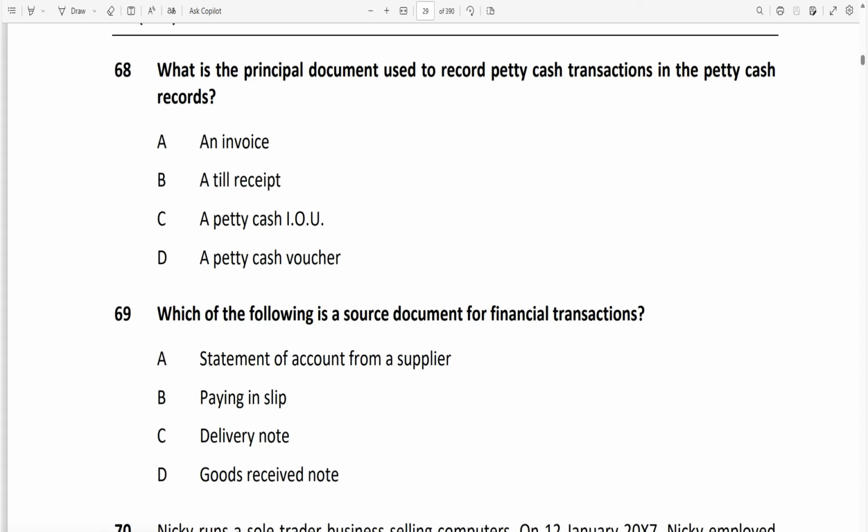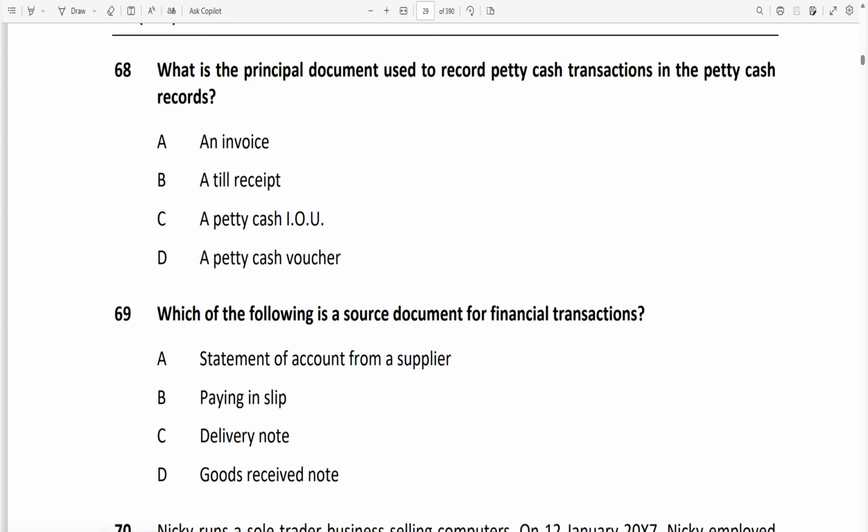An invoice is a document used for billing a customer for goods or services, but it is not typically used for recording petty cash transactions directly. While an invoice may be related to a petty cash purchase, it is not the principal document for the petty cash record. So this seems to be incorrect.